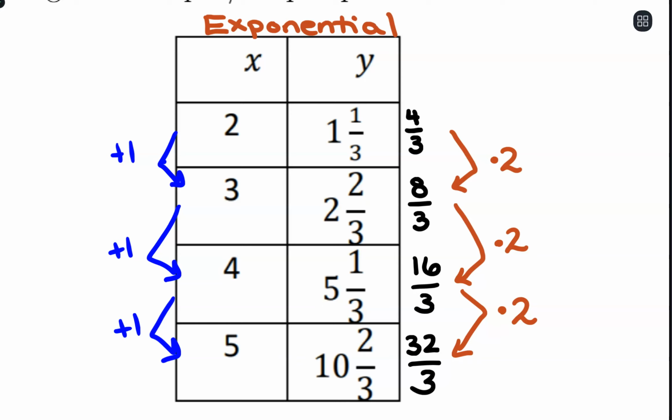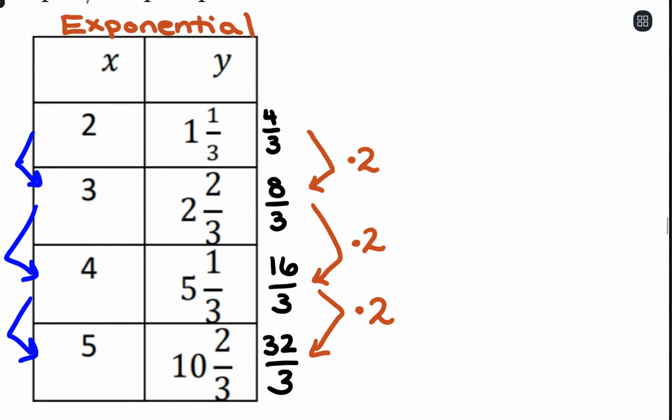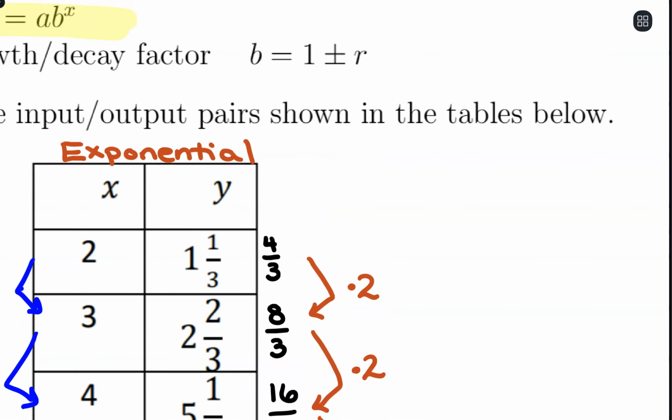So setting up our exponential function, we need our initial value and we need this growth factor, which is actually this multiplication by 2. That would just be our growth factor.